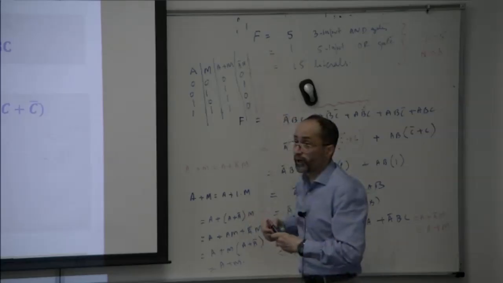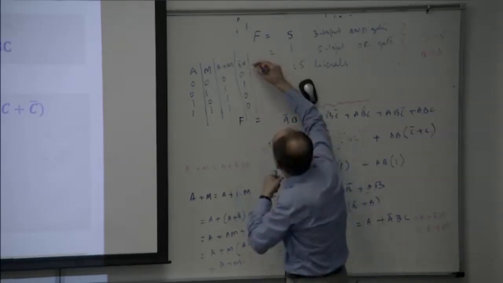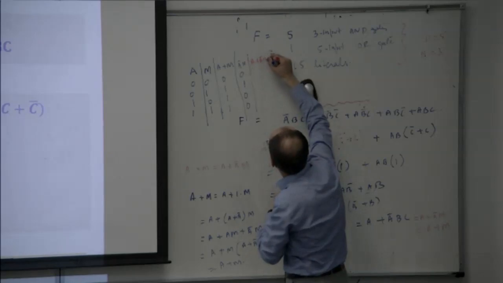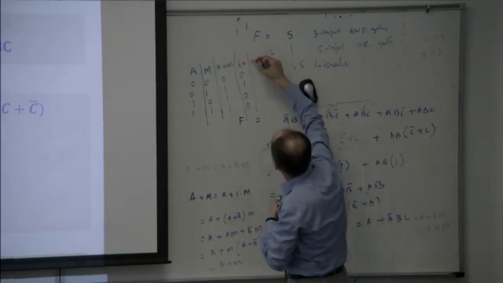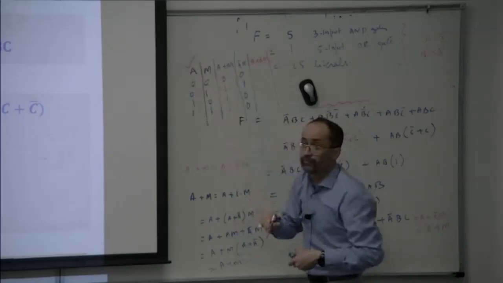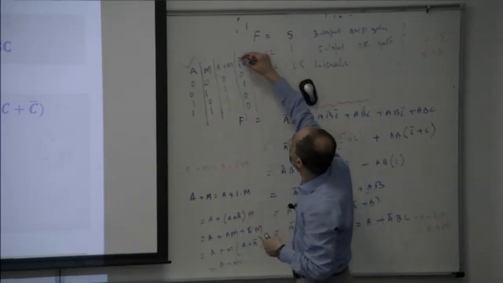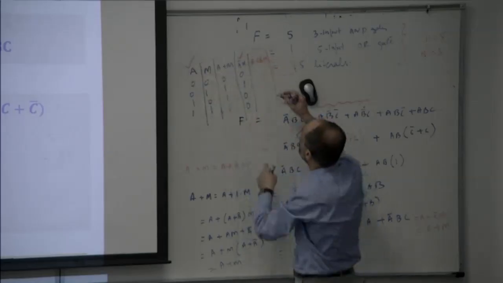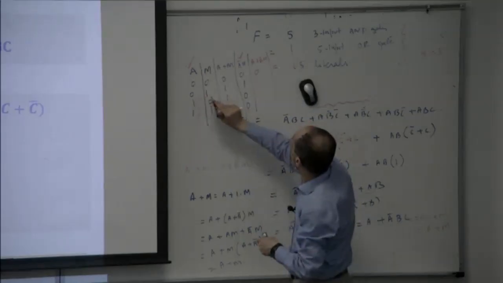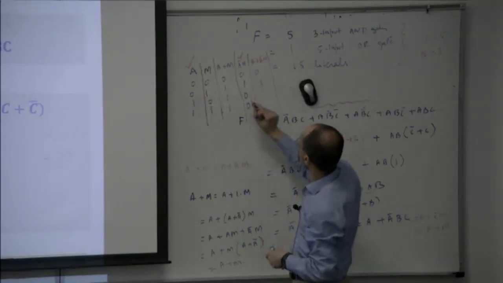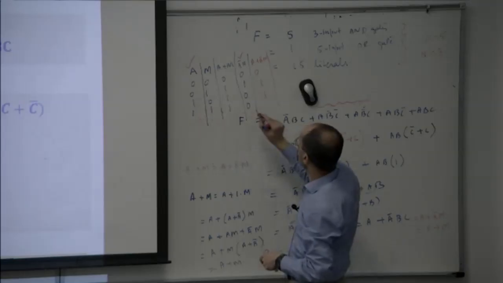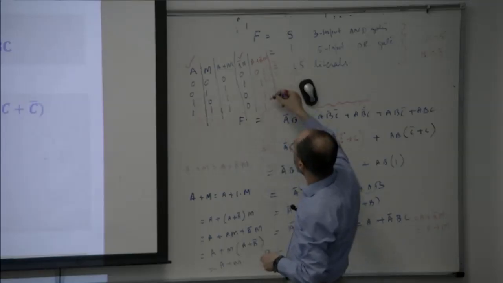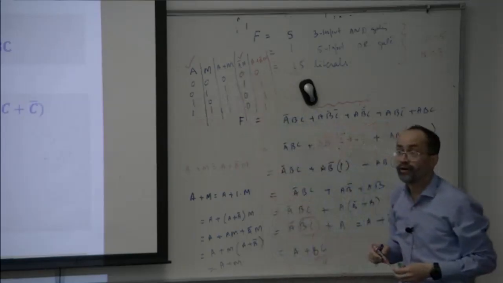Okay, now we need 2 columns to add A plus A bar M. So now we have A plus A bar M. To do this we need A, and we need A bar M, and then we need 0 0 0 0 1 1 1 0 1 1 0 1. So is it A bar M and A plus M? They are same or different?